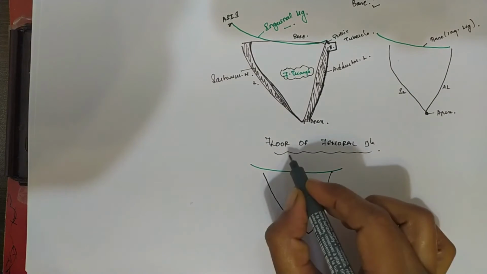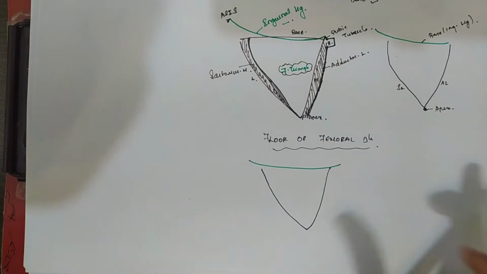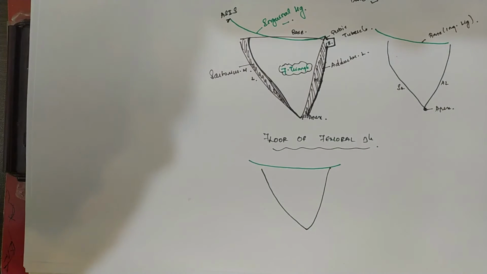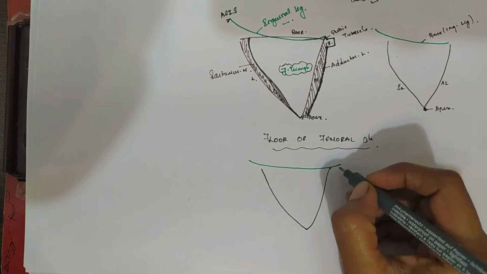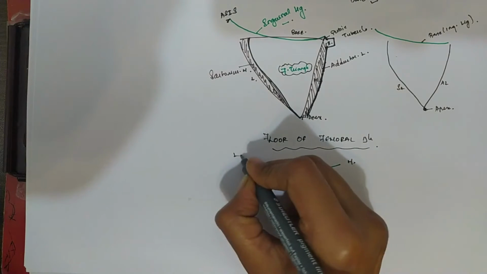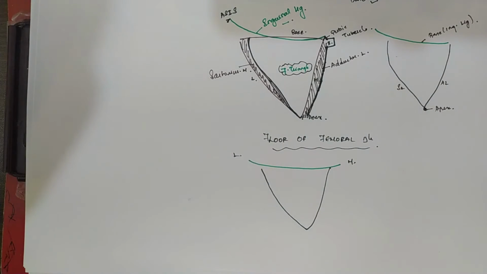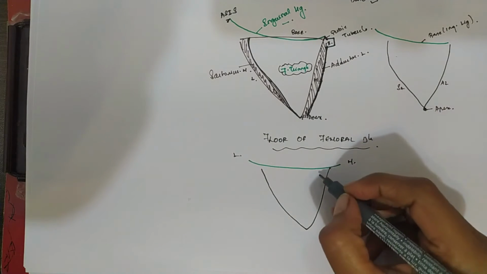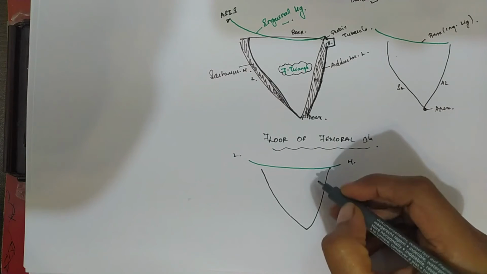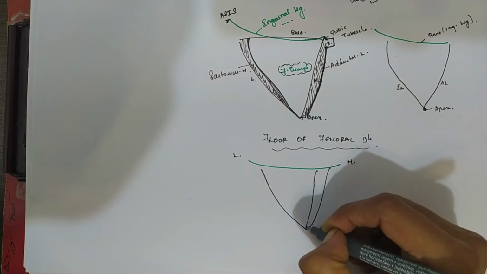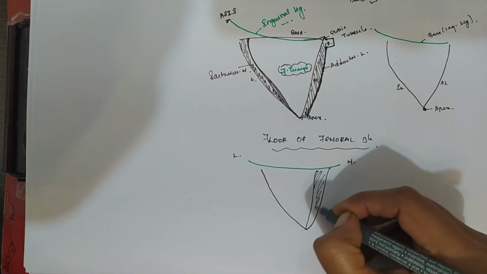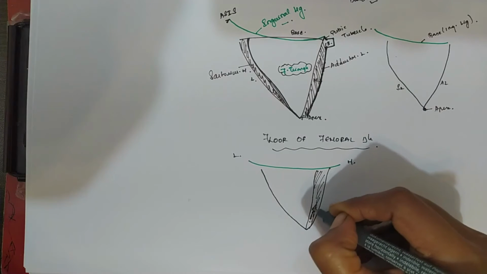Now we are talking about the floor of the femoral triangle, which is contributed by some muscles that are going to form the femoral gutter. This is medial and this is lateral. Now you know, we have got the adductor longus muscle, whose medial border we are taking as a boundary. So the whole of the muscle will be placed over here. So this is adductor longus. We are talking about floor muscles.